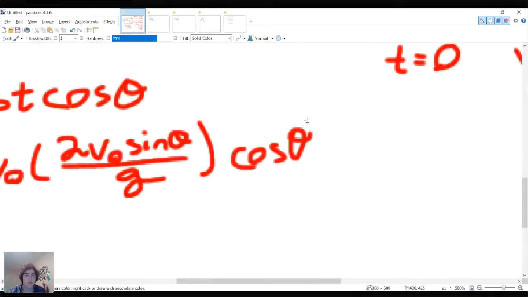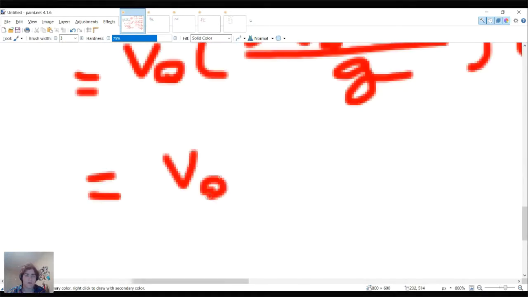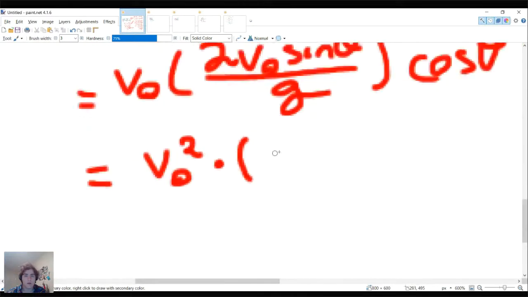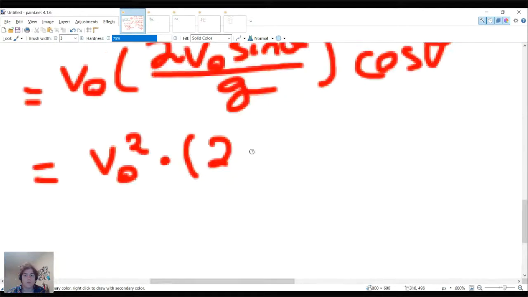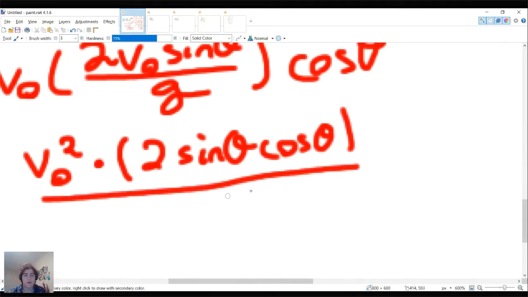And I'm going to rearrange some terms here. This is v0 squared times 2 sine theta cosine theta over g.